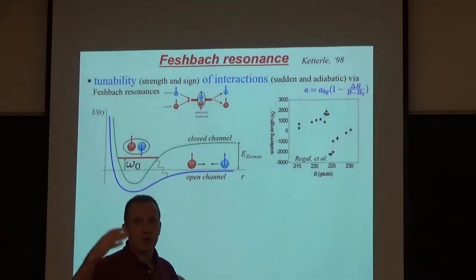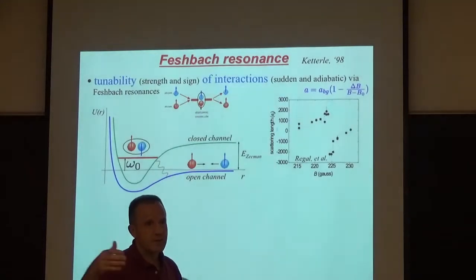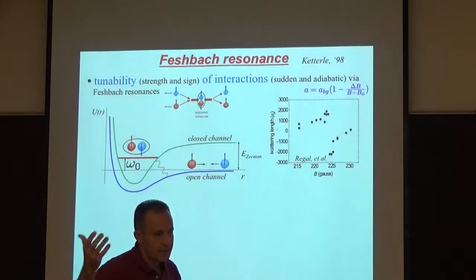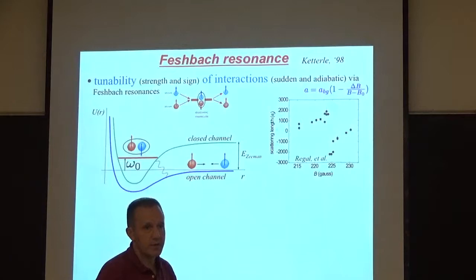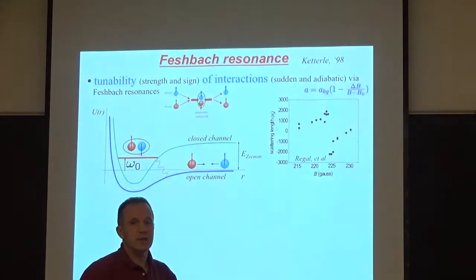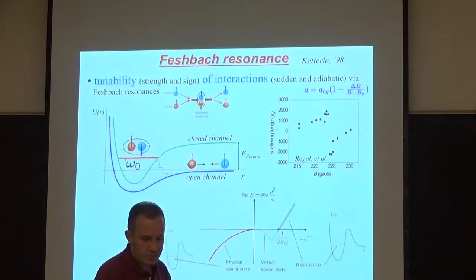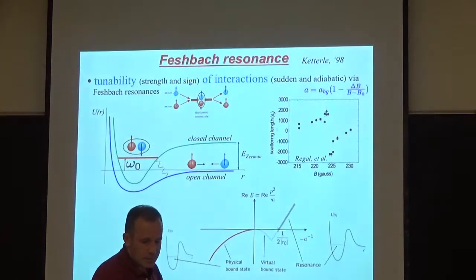So I'm distinguishing Feshbach resonance scattering versus Feshbach resonance superfluidity. And the distinction is two atoms versus Avogadro number of atoms, or at least a million atoms.